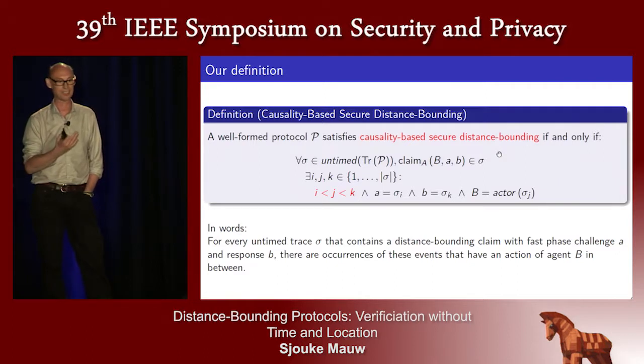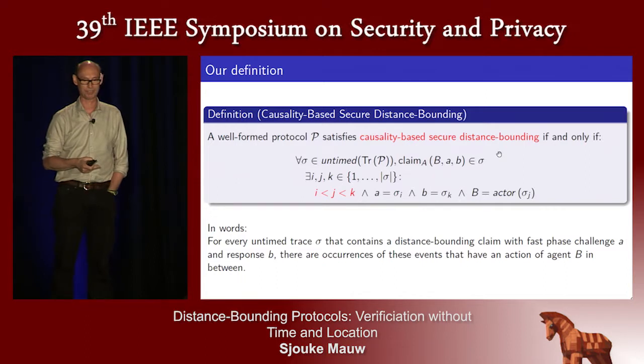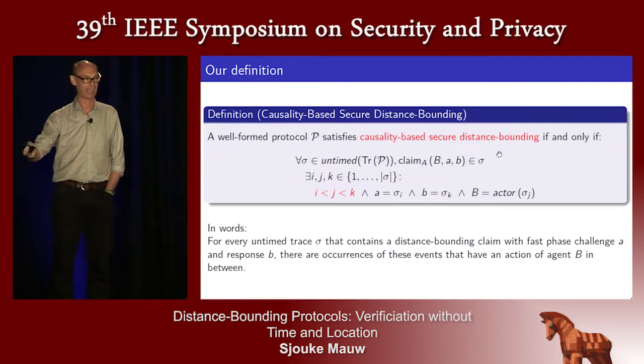The first index, I, relates to the sending of the challenge. The third index, K, relates to the reception of the response. And we see that sending should be before reception, but we also see this index J, which relates to any event of the tag in between I and K.